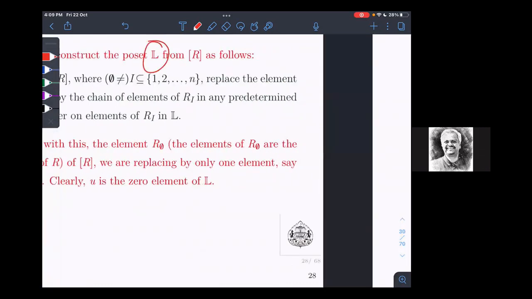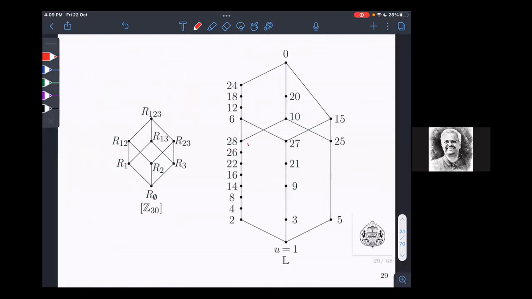What I'm doing now, look at this. This is my R1. Do you observe? If somebody wrote here 4 instead of 8 and here 8, it doesn't matter. No issue at all. So ordering is not important. So you are replacing an element of square R by a chain of elements. What is the cardinality of this chain?